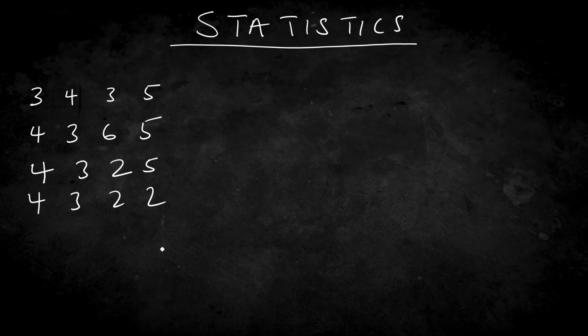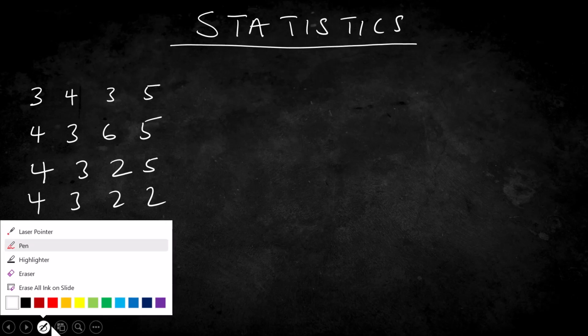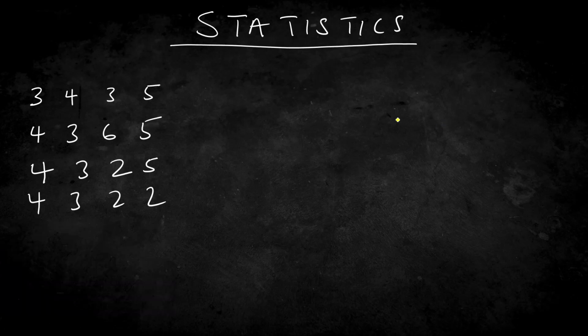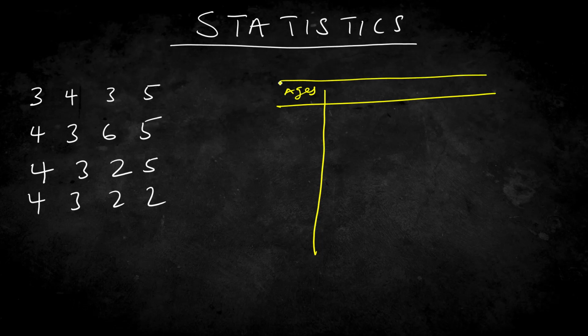All right, so let's see how we can interpret this data. Let's get a table. We have this side as ages. Let's start with the lowest age here.